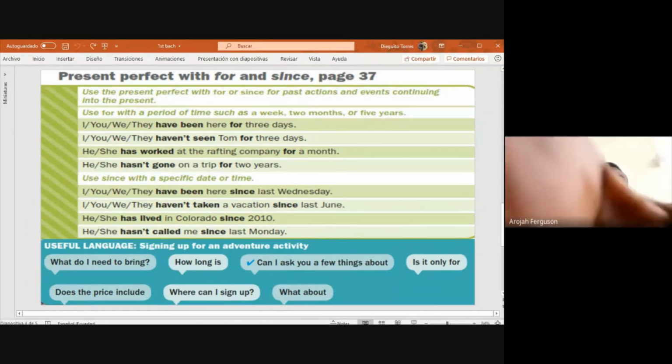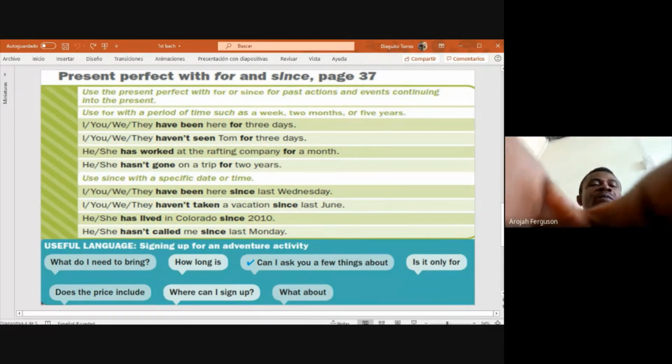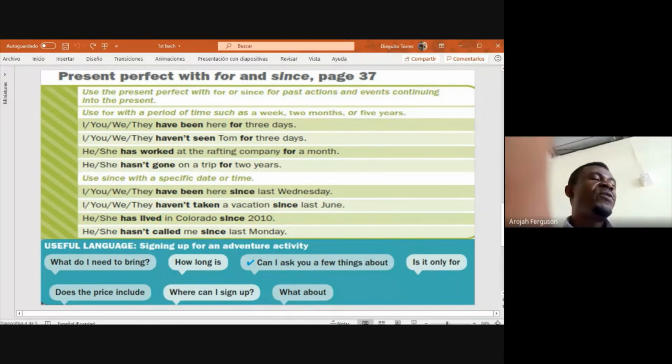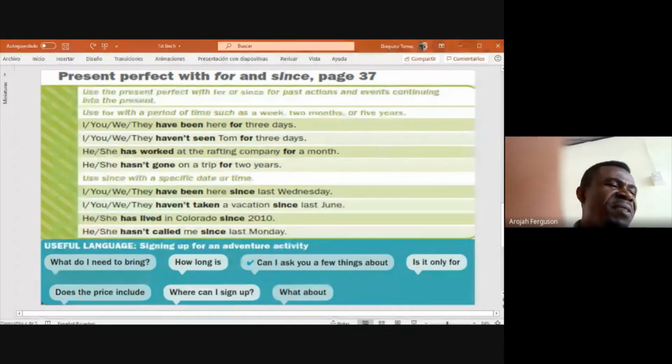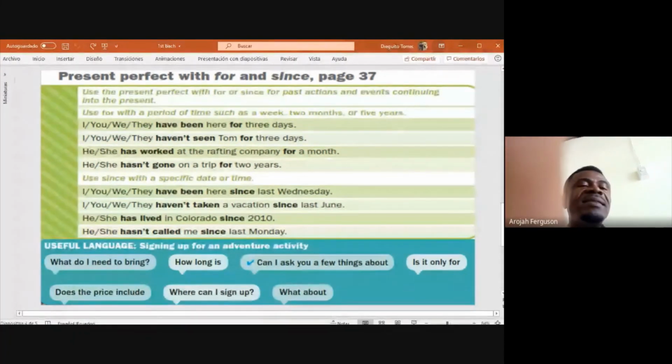By way of recap, we've done the vocabulary of Unit 4 that has to do with fun activities at the camp. Sorry for the background noise of the dog. Then we spoke about grammar.